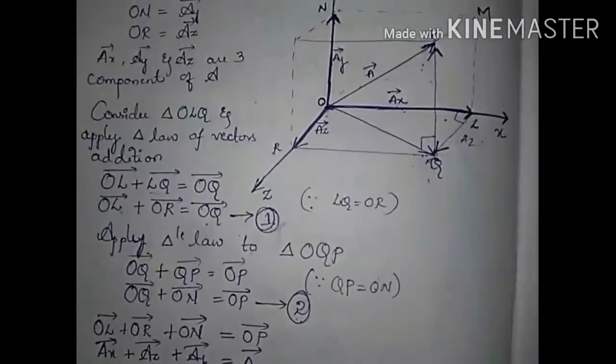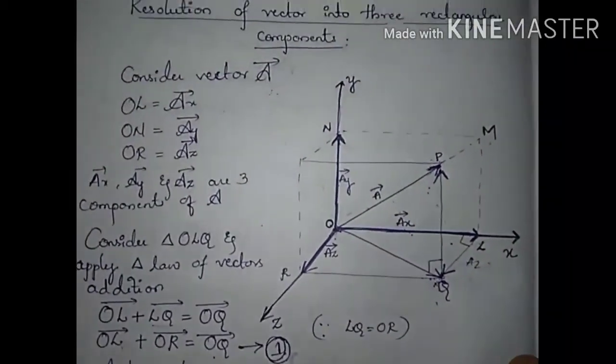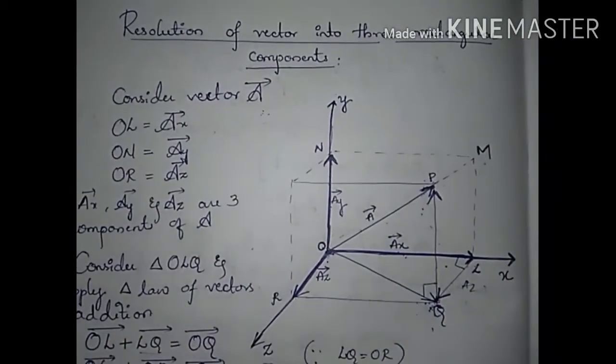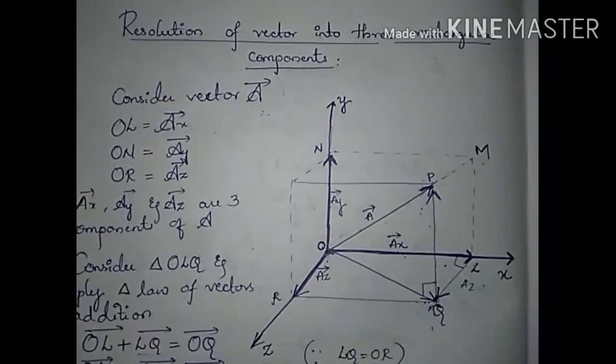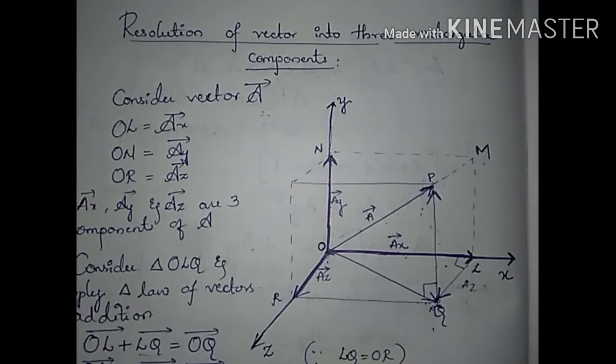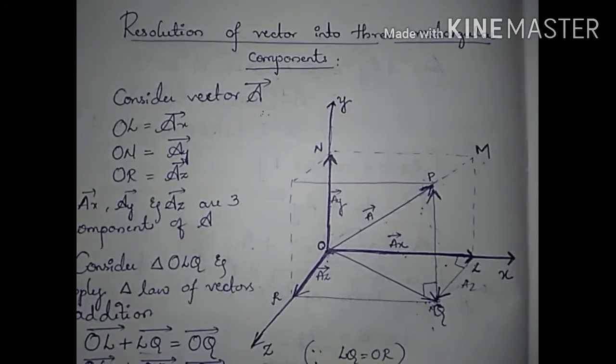We have considered a vector A, and this vector is considered in space. Since this vector is in space, it can have three components along the x-axis, y-axis and z-axis.